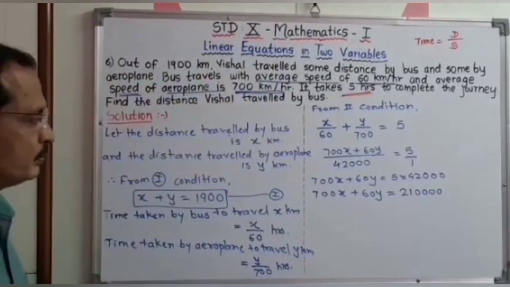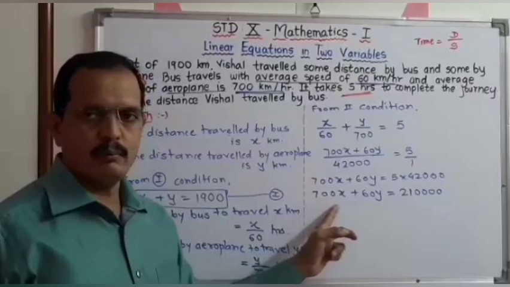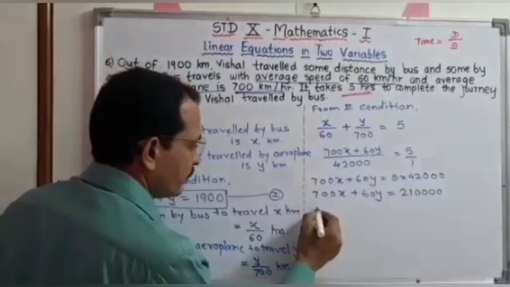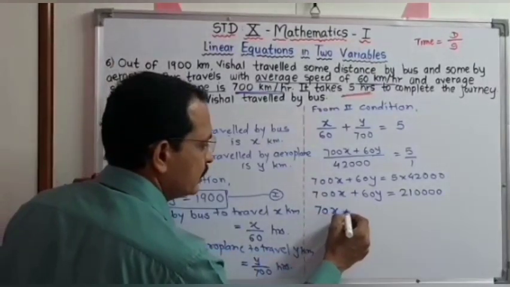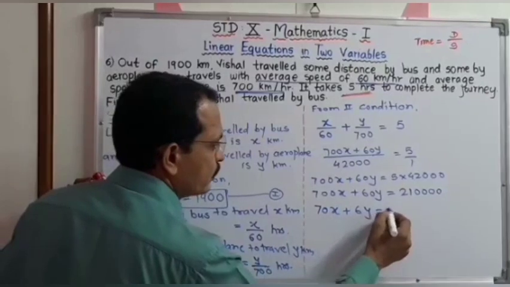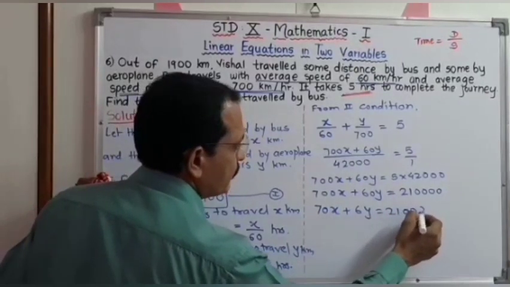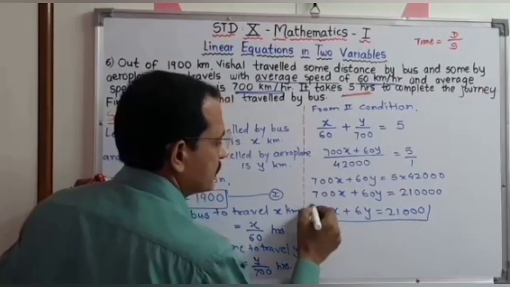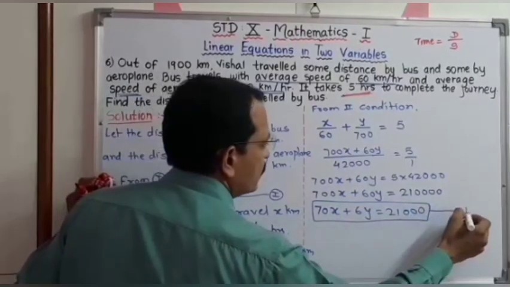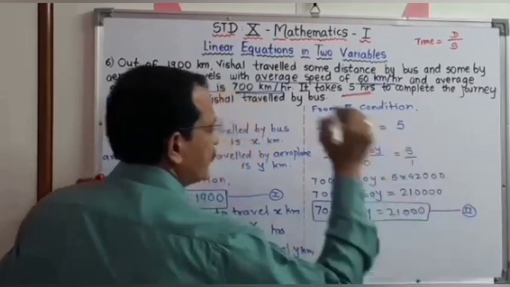Now divide by 10, we can simplify it as 70x plus 6y is equal to 21000. This is our equation number second.